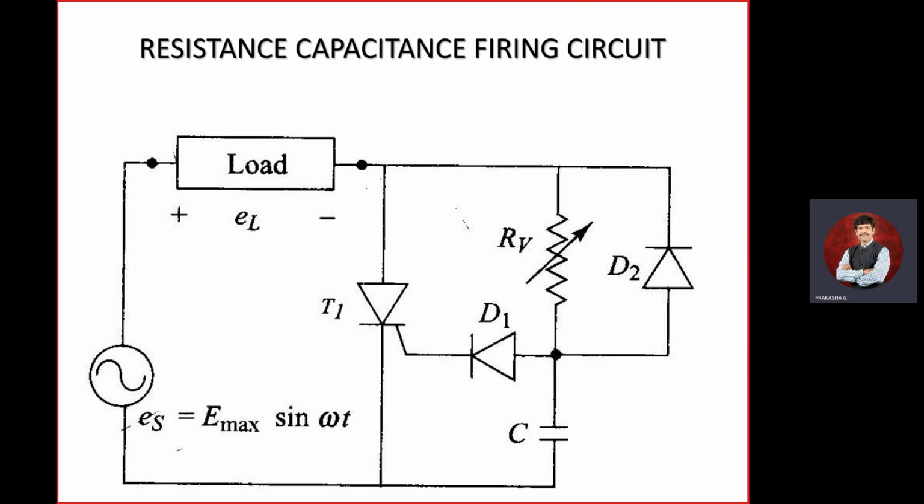Almost the left side portion is the same, because your resistor is there. If we have a diode, the current is going to conduct and supply the gate current, so that the SCR is going to work. It is almost similar to the previous explanation. But we are going to have the capacitor and also the diode.